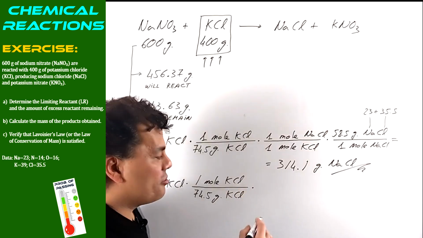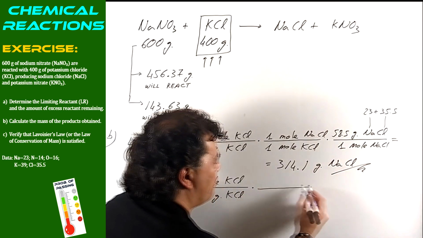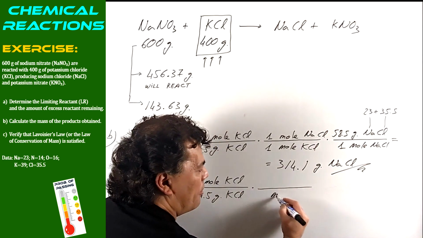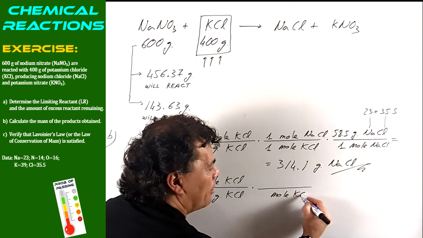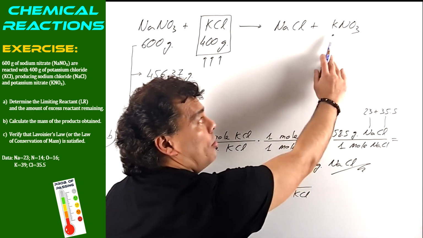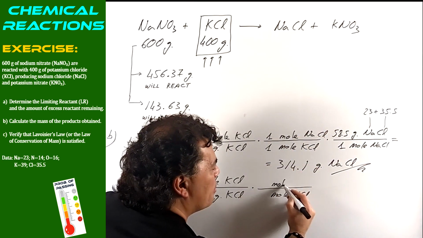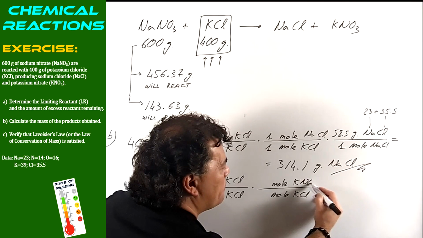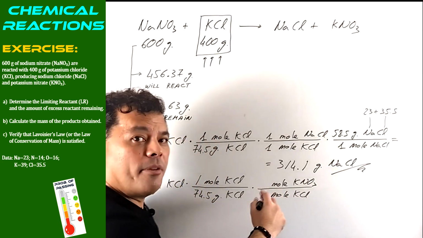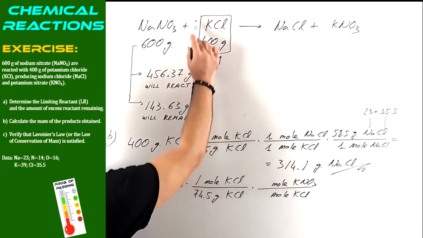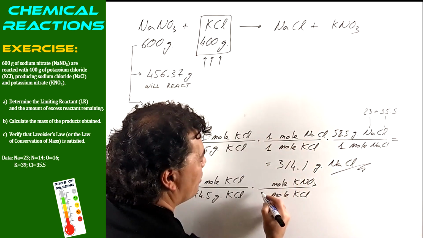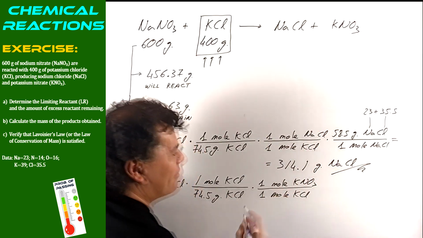The second conversion factor helps us to move from moles of potassium chloride to get into moles of potassium nitrate, okay? And there comes the stoichiometric coefficients, 1 to 1, 1 to 1.